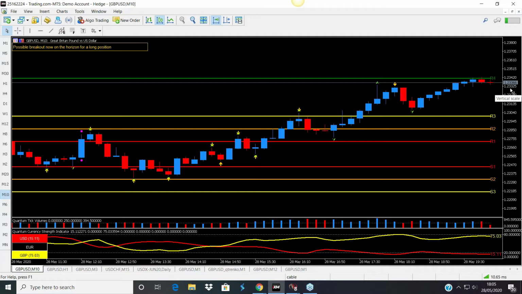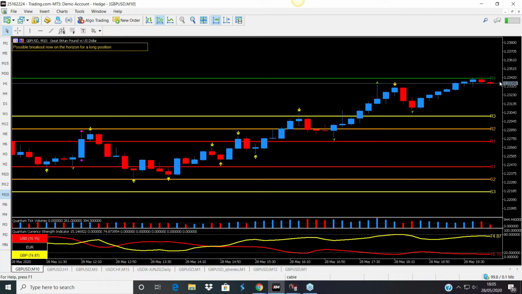Well, we know a legitimate breakout also has to be validated by volume, but what happens is you will get repeated tests of the R4. When you do get a break, you will often get a retest.